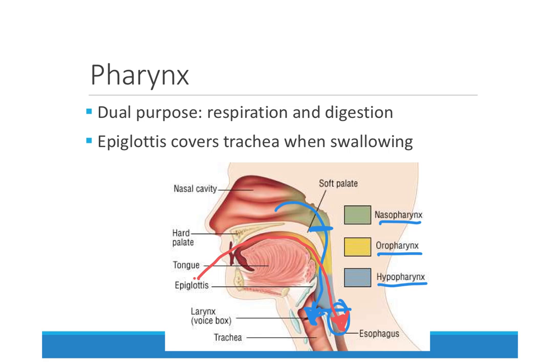In order to ensure that air goes down the trachea and food goes down the esophagus, there's an important flap of cartilage called the epiglottis that we can see right here that can act as a lid to close off the trachea. So when you swallow, this is not a particularly good diagram to show this, but your larynx, your voice box, will actually go up when you swallow.